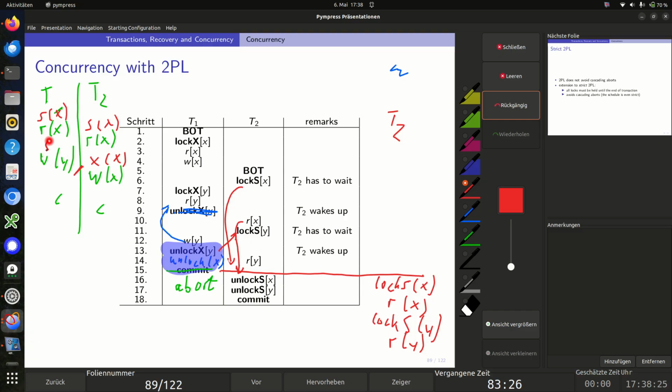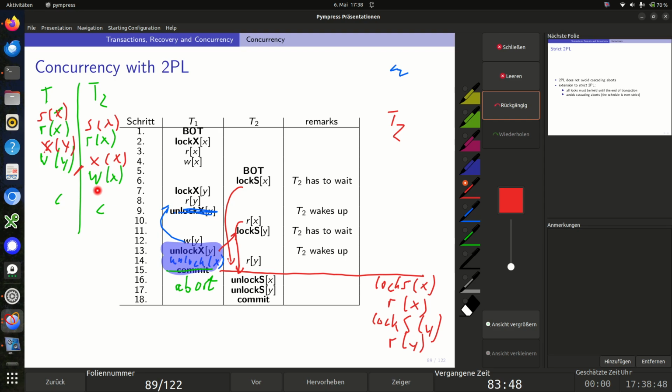Here we have an exclusive lock on y, and then here we release all the locks, and then we could acquire the lock. Yes, exactly. And this would be an example for a non-strict schedule under strict 2PL. It's just regarding writing the same value.